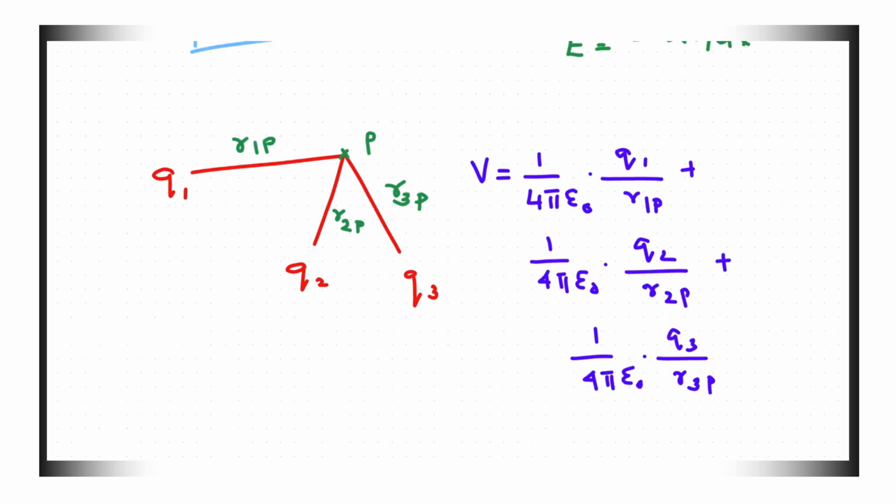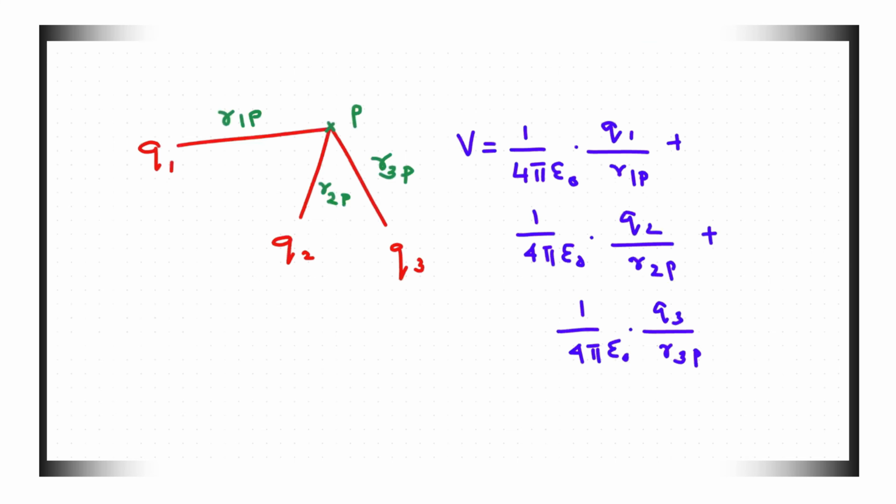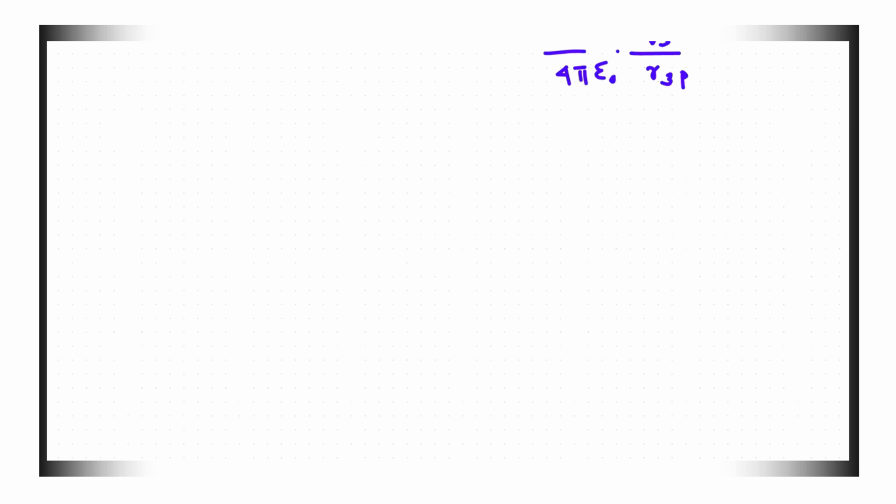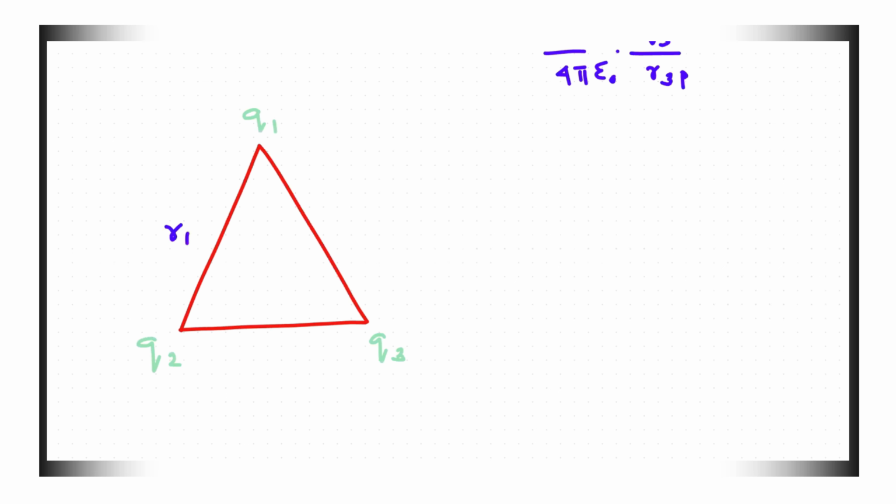But if it is a system, that means potential energy due to a system of charges, it can be a system making a triangle or a rectangle or a square. Anything can be asked. The distances between them are R12, R23, and R13. In this case, how will we find the work done? Work done is the potential energy.